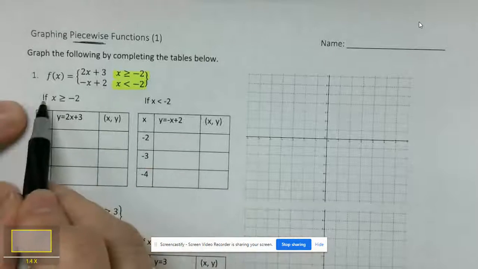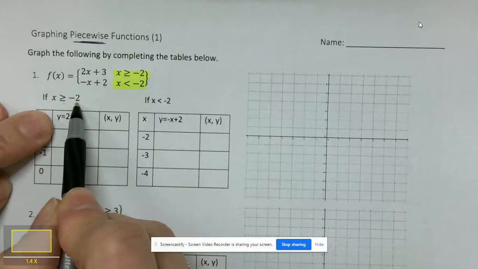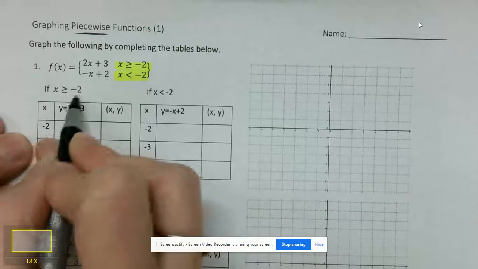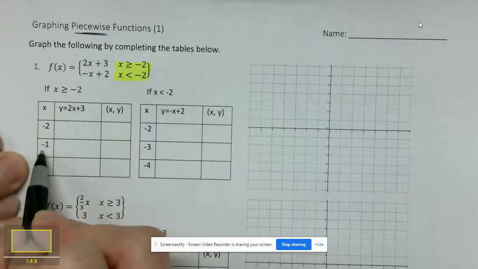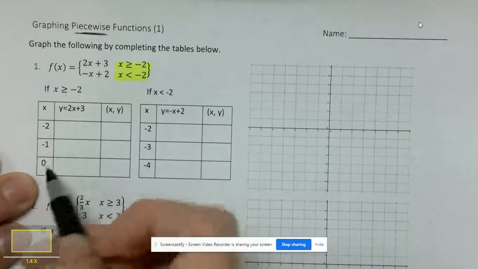So for instance, if I want to do a table of values for x greater than or equal to negative 2, then I'm going to choose numbers like negative 2, negative 1, and 0. So I'm going to choose those numbers to fill in, okay?